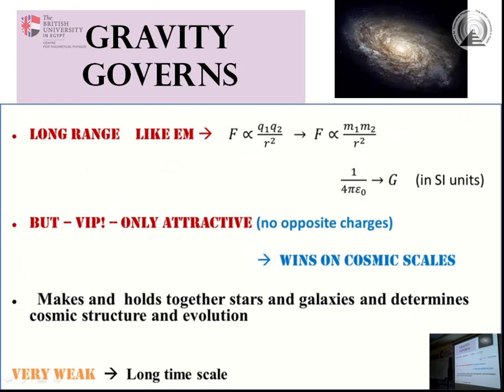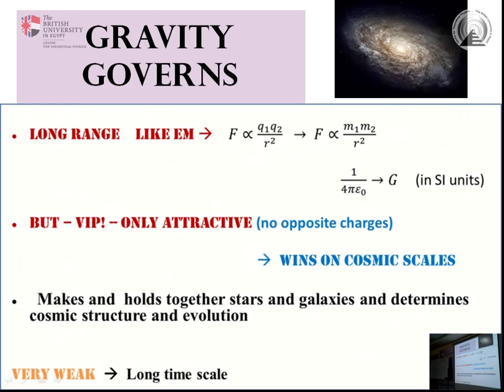So gravity is very weak. But it is long range, like electromagnetism. Unlike electromagnetism, it has no positive and negative, so you don't have screening like in a plasma. You have only attraction. And this causes very different structural properties.